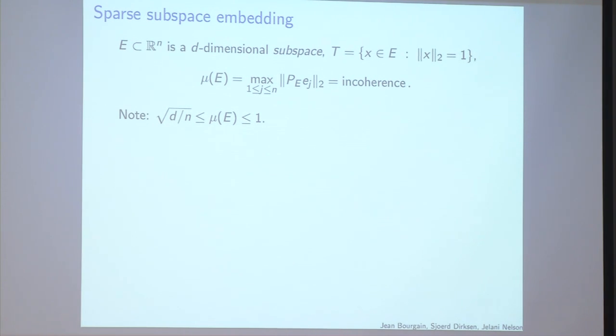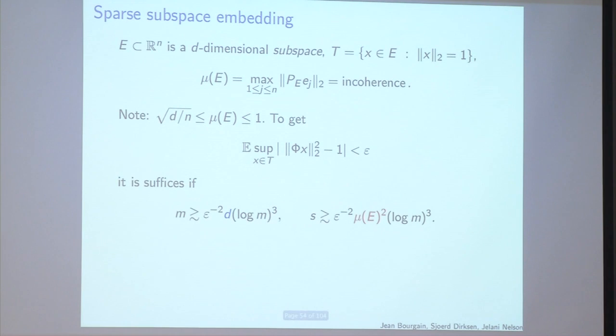And a parameter that will play an important role is the incoherence of this subspace, which is the incoherence of the basis of this subspace with the unit basis. Okay? Or formally, you look at the maximal norm that you can get when you project a standard basis vector onto the subspace. Okay, and this parameter is between 1 and square root d over n.